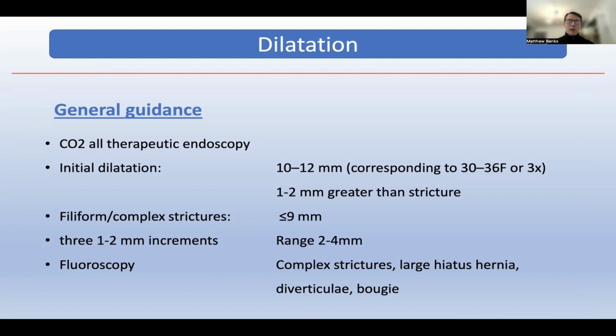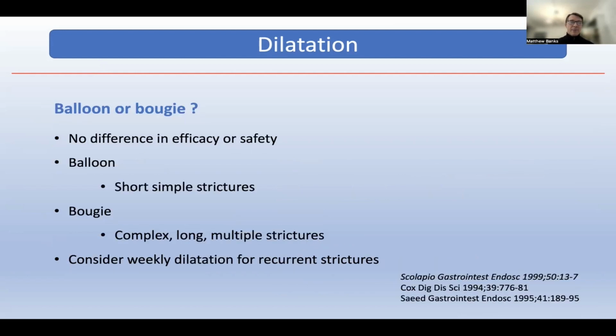So there will be slightly increased risk of perforation, and it's much safer then to bring the patient back a week or 2 later. And always use fluoroscopy if using bougies, if they're complex strictures, large hiatus hernia, diverticulum, or it's a really tight stricture and you can't see through it.